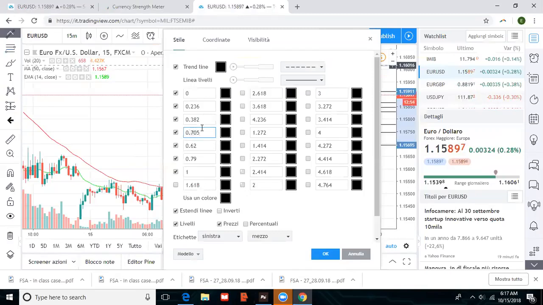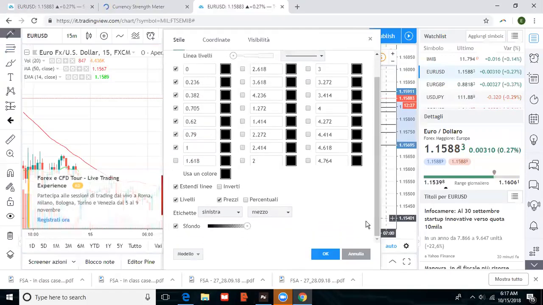Right here, you're going to have the 0.50, but you delete it and use 0.705. Right here, you're going to have another level, but you modify it to 0.62. And right here, you put 0.79. Very good. So now you extend lines here. You go down, and for the background, you put it like this.